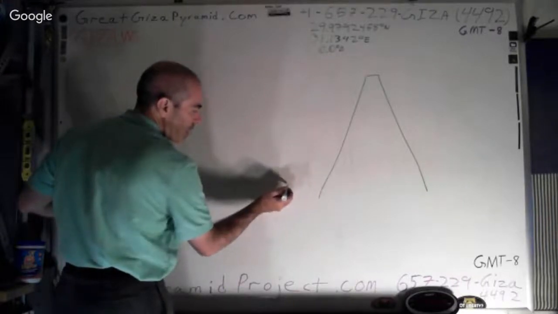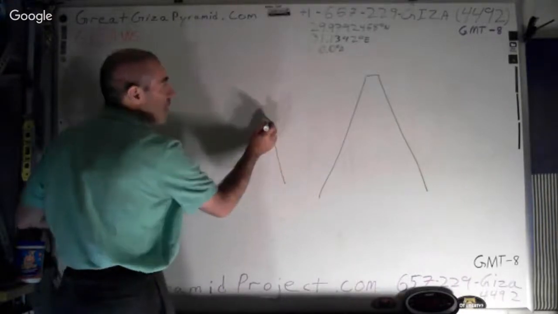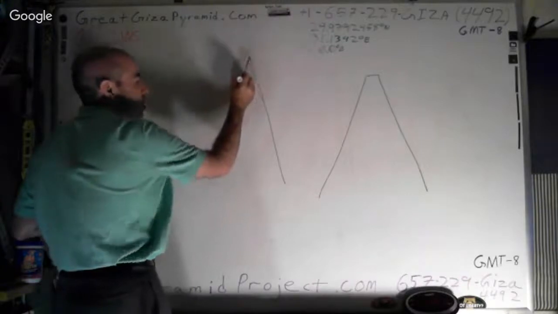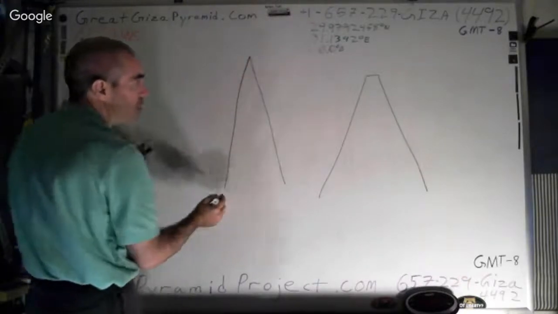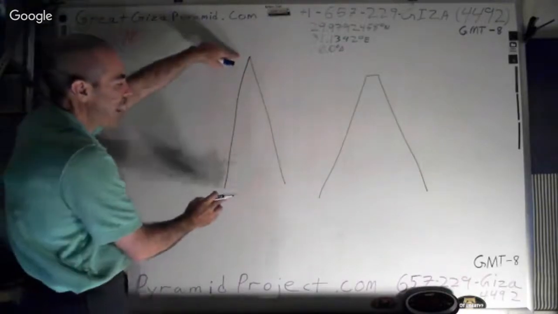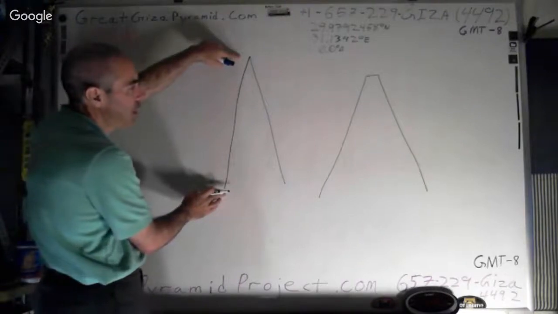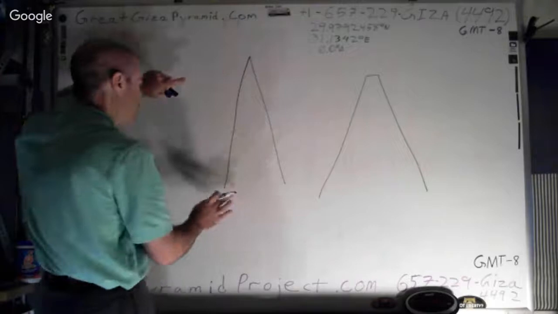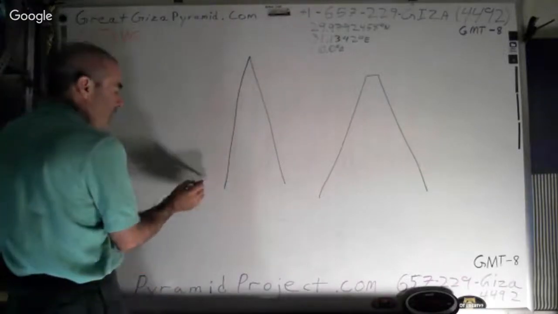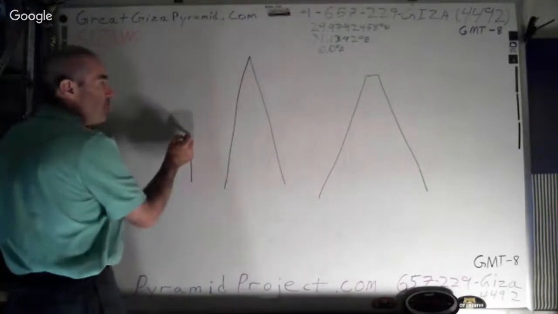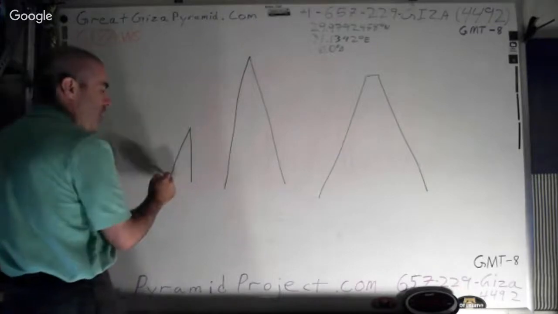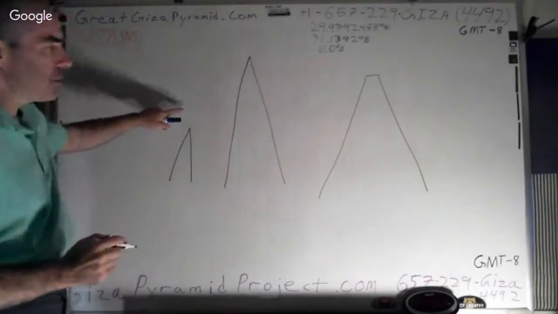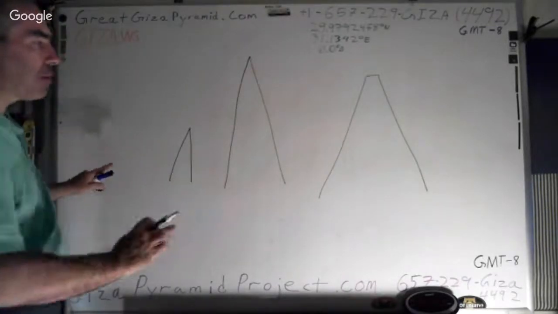The other one stands about 40 feet higher and goes up slightly taller than it, but I'm not going to get into the mass and stuff like that. This one sits another 10 feet up and is half the size. Okay, so those are the three primary structures.